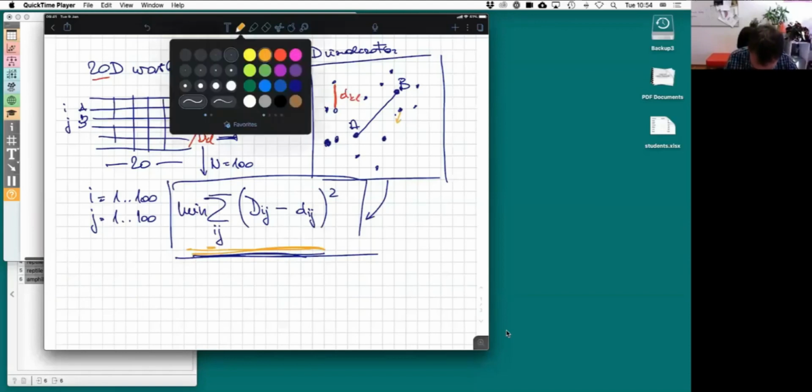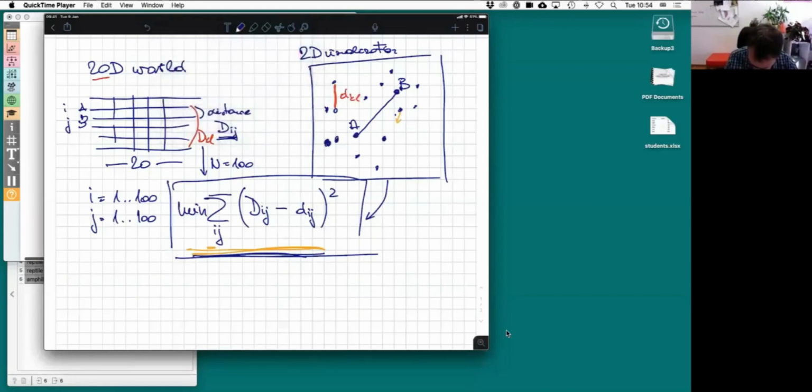And of course, I have to tell you that I can actually rotate this visualization. I can just take it and rotate it, and it would still be the same. The distances will still be the same. So this minimization is invariant to rotation. I can rotate it in any way and it will still be the same visualization.